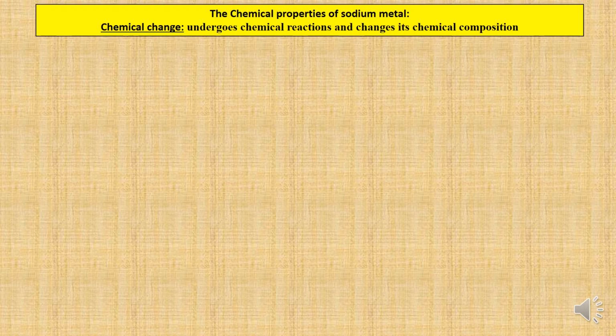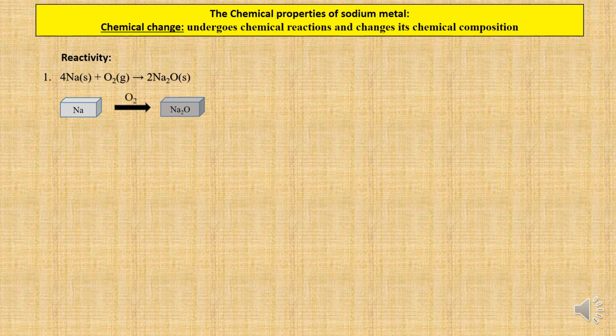Now about the chemical properties of sodium metal. Sodium metal undergoes chemical change. That is, it undergoes chemical reactions and changes its chemical composition. Here is the series of reactions that sodium metal tends to undergo. Sodium metal reacts with oxygen, resulting in formation of sodium oxide.